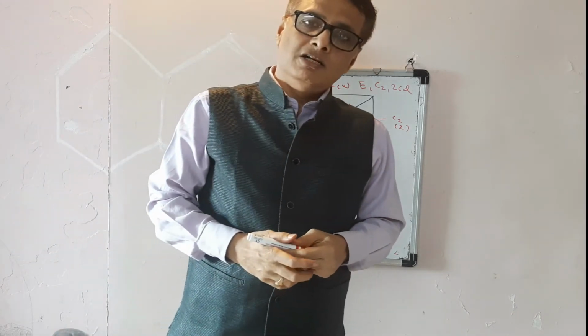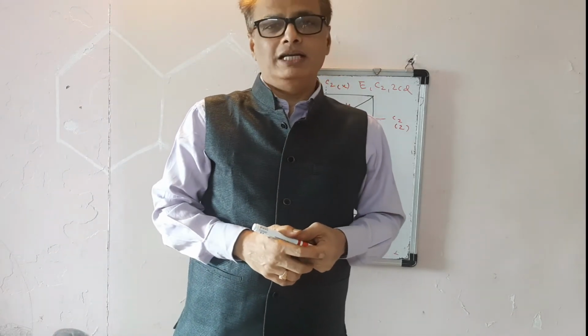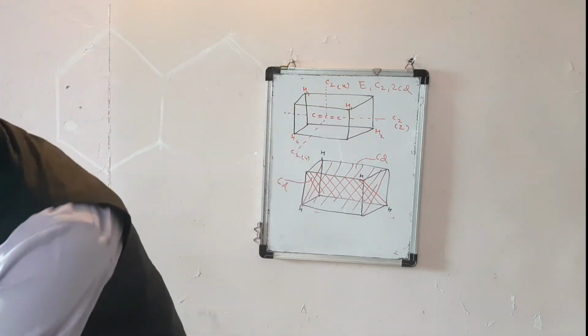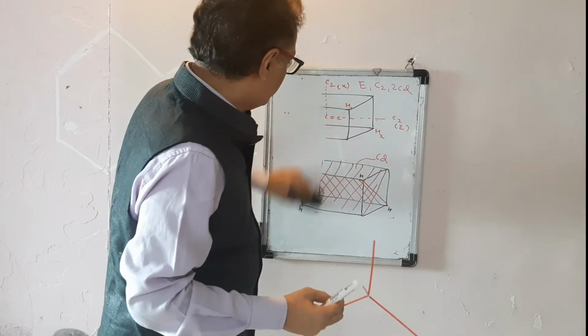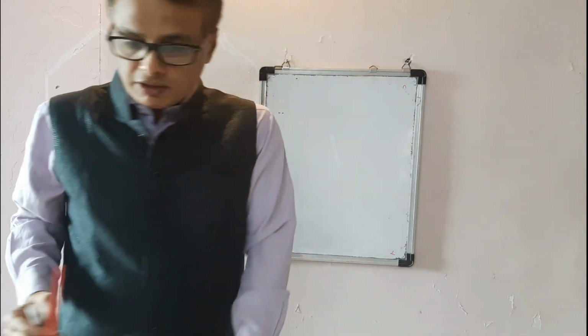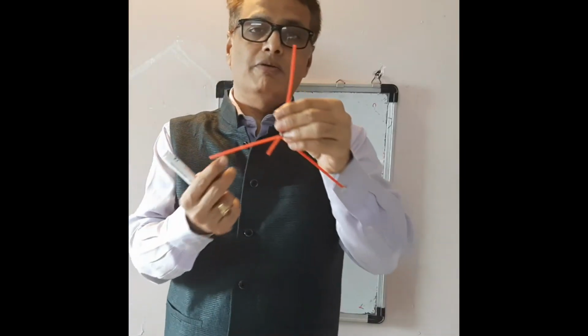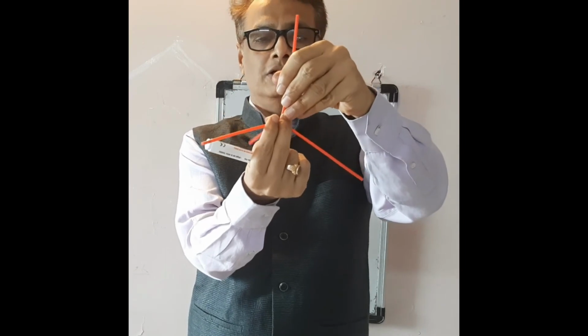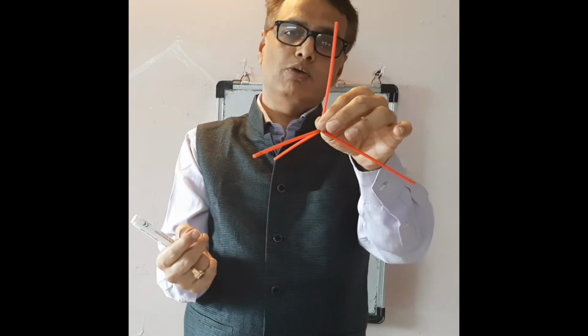And last but not least, that is CH4, methane. So let's find out the symmetry elements possessed by the methane molecule. This is our methane molecule. Carbon is placed here. This is one hydrogen, second, third, and this is the fourth hydrogen. This carbon is attached with four hydrogens.